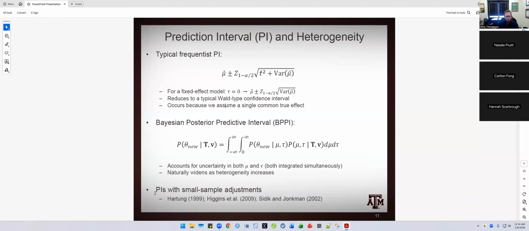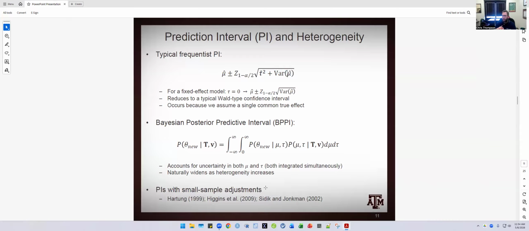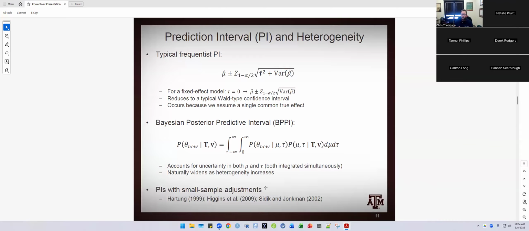And then third, I don't have the formulas here, but there are some other PIs that are variations of this general PI up here, but they make various adjustments for certain things, like in the cases of a small sample size. So like the Hartung 99, Higgins et al. 2009, and then there's several of these available.